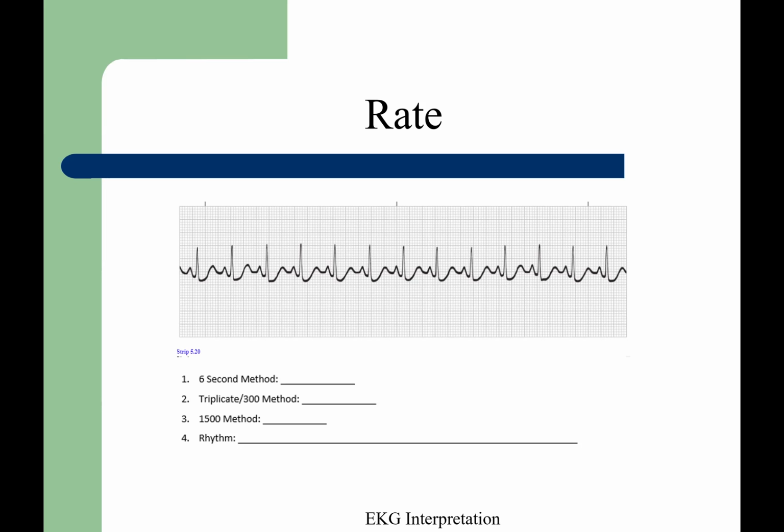But when we're looking for regularity, what we're looking to find is the distance between the QRS complexes. So we're going to have to count the small boxes. I have 5, 10, 15, 13 and a half boxes here, 13.5. If I have a regular rhythm or a regular strip, that means I should have 13.5 here, 13.5 here, 13.5 here, all the way across.